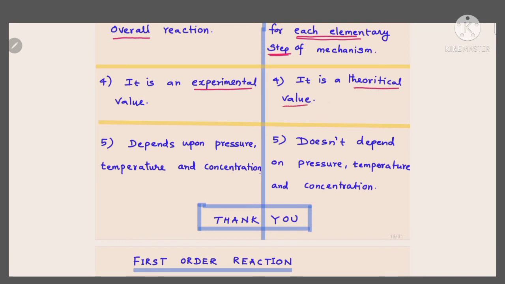If you know the balanced stoichiometric equation of a chemical reaction, you are able to find out the molecularity from the equation. But just from the stoichiometric equation you cannot find the order. It is done only by experiment, so it is an experimental quantity.